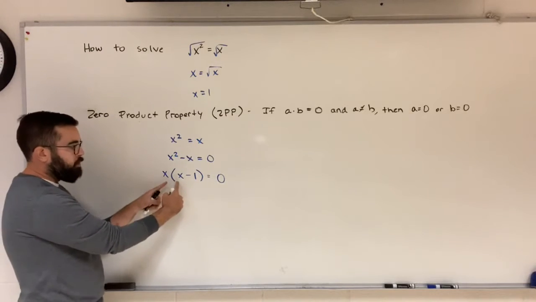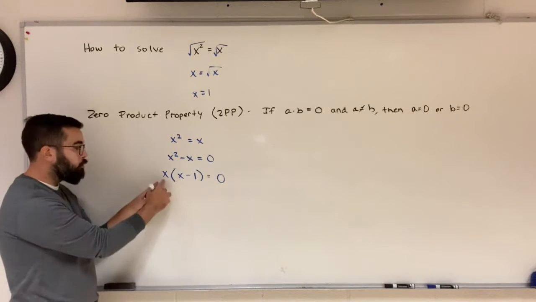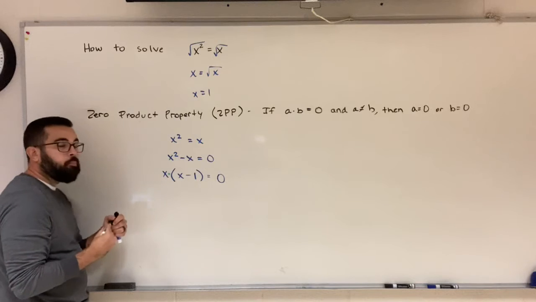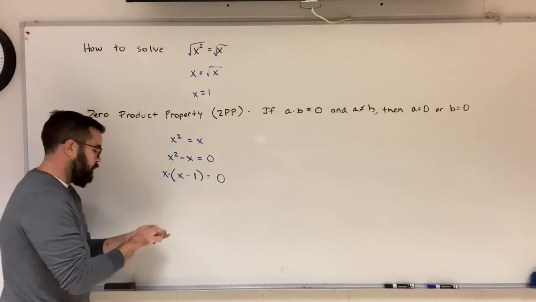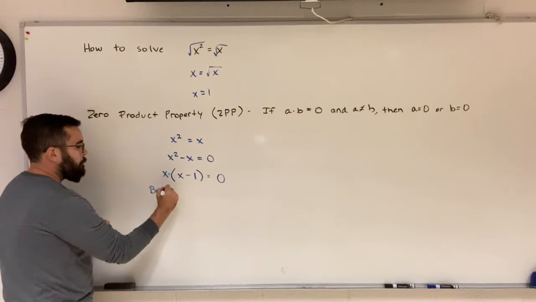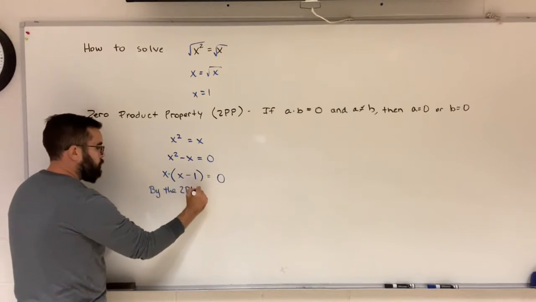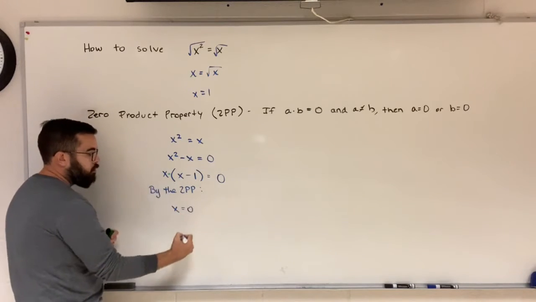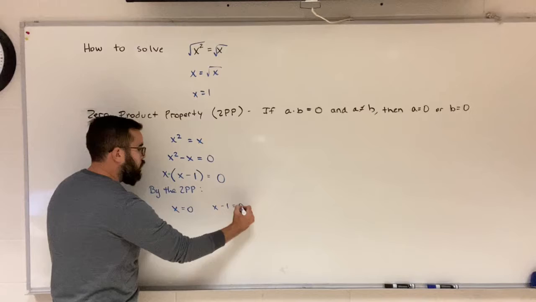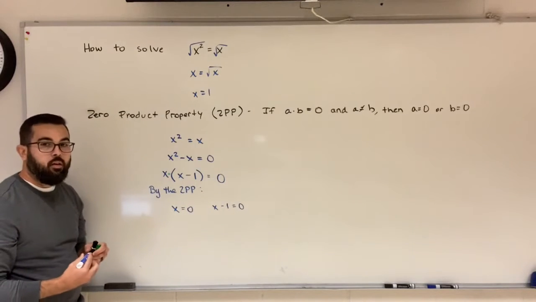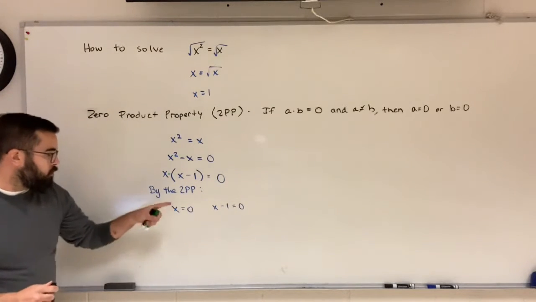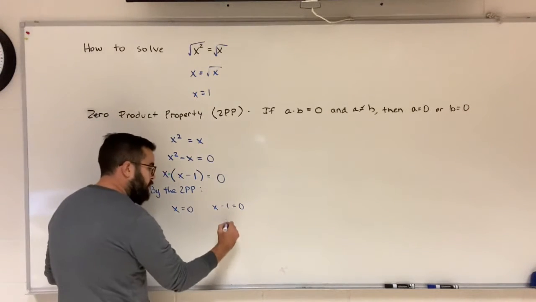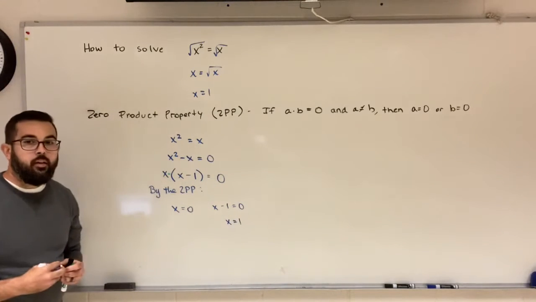This says x parentheses x minus 1, but when we read it, x times the quantity of x minus 1. So by the zero product property, either x has to equal 0 or x minus 1 has to equal 0. So here's a solution. We have x equals 0, or in the second case, x is equal to 1.